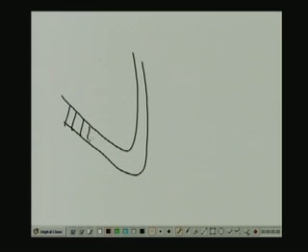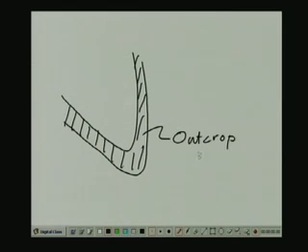So this is the outcrop of the layer seen on the plan view. That means when we are looking at this particular map from an elevation, looking down. Now this is the outcrop of the geologic unit that we are looking at.